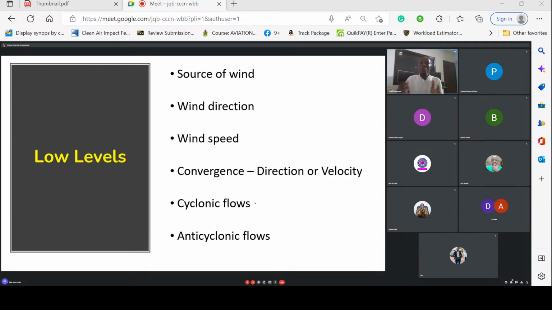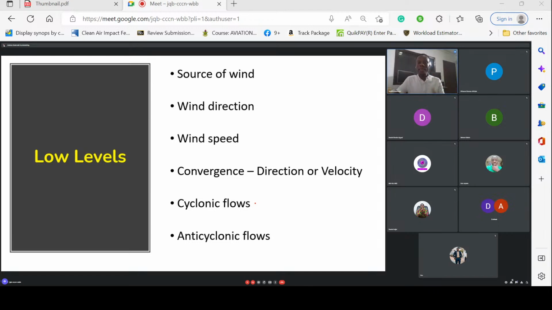All these will just tell you what kind of weather conditions that you should expect. If the source of the wind is from a dry source, like I said earlier, then you would expect dry conditions coming into your area. If it's from a moist source, you're expecting moist conditions into your area. Then the direction will also be in reference to the source of the wind, because where the wind is directed from will tell you whether it is coming from a dry area or a moist area.